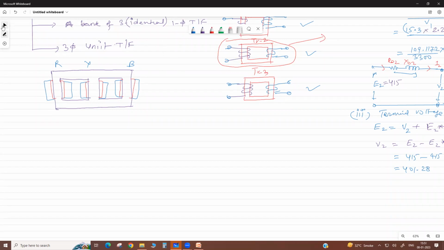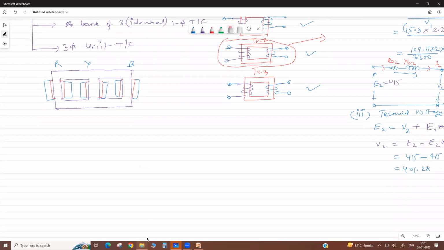So see, we brought only one single large unit, so only one unit I have to install. The initial cost is less, but suppose this core is damaged, then we replace the entire unit, which is a large cost. Cost of replacement.